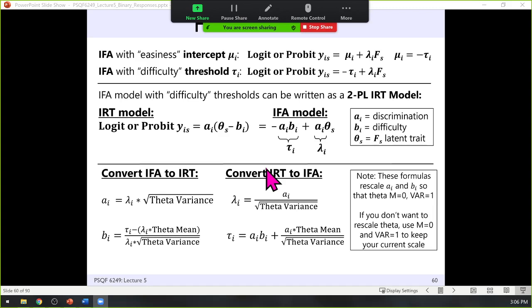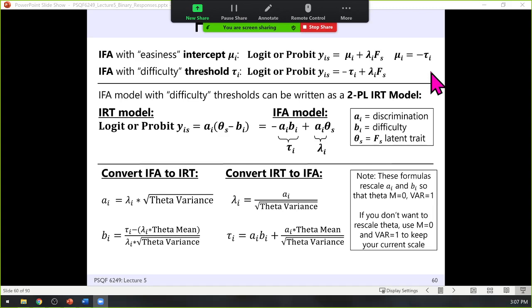So we can talk about our model parameters for the items in two different ways. We can talk about them using A's and B's, or we can talk about them using thresholds and loadings. A is to loading, B is to threshold. And they tell you slightly different things. Each of them has a different reference point. So in the interest of time, I'm going to skip ahead and show you the picture that I like.